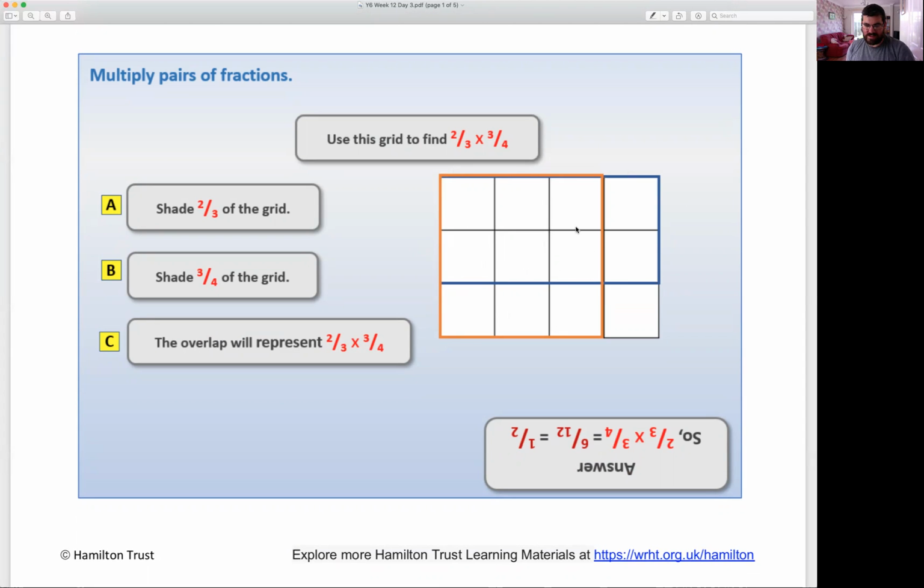And the bit where they intersect is the answer. 1, 2, 3, 4, 5, 6 what? 6, again, if you look down here, it's upside down. Turn your head around. 6/12, which is the same as a half. So 2/3 times 3/4 is 6/12, or a half. Interesting. 2/3 of 3/4 is a half.